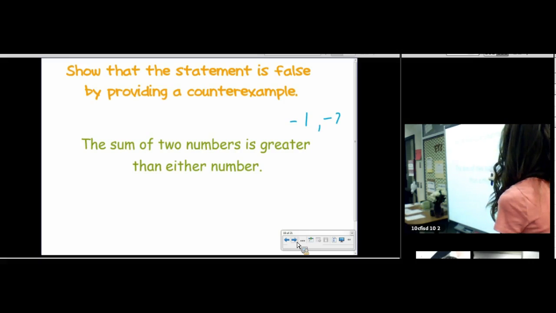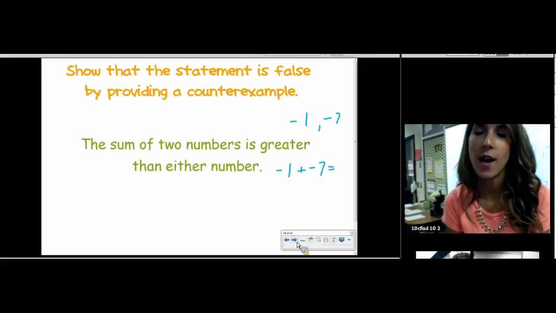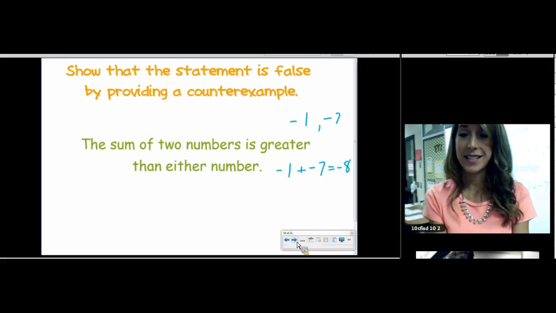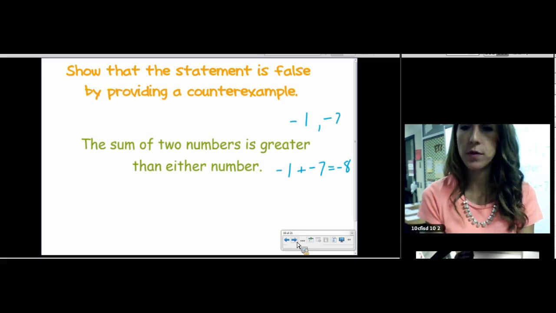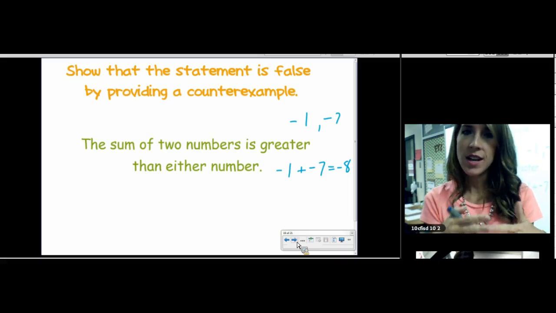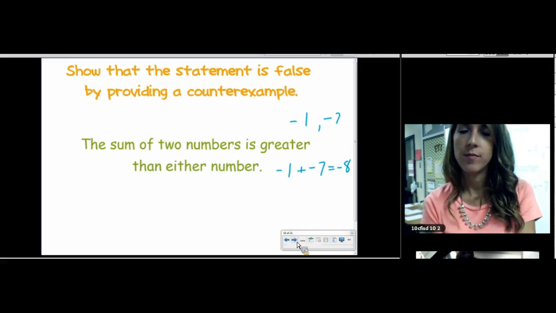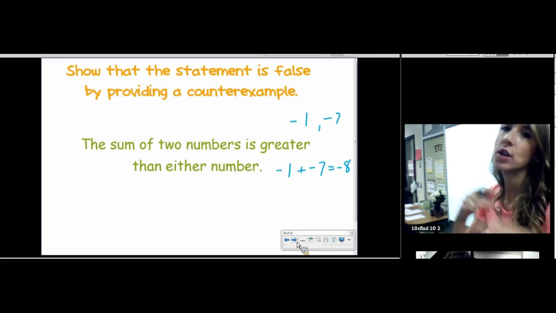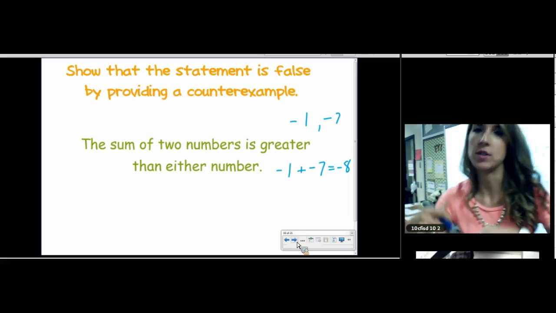Let's try it out. The sum of 2 numbers, so let's add them up. Is the answer greater than either number? No. In our example, it's less than those numbers, so we proved it wrong. We added 2 numbers, and the result was not bigger. It was less than. Very good. You could use 0, and you could use negative numbers to do that one.